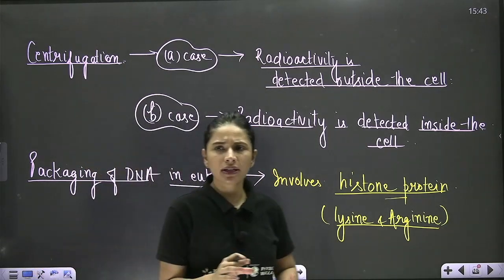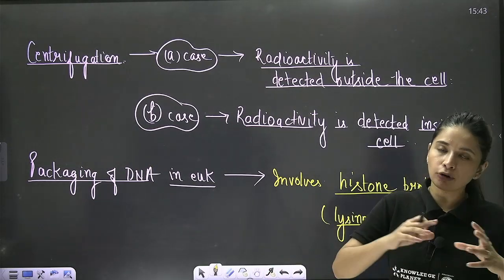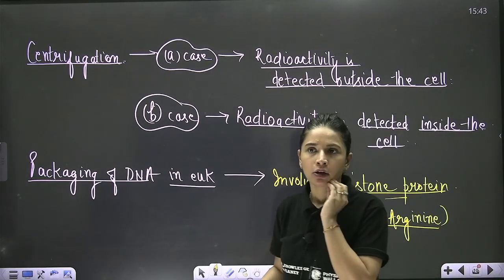These histone proteins basically make a ball-like structure called a nucleosome, and a number of nucleosomes attach like a string called chromatin fiber.